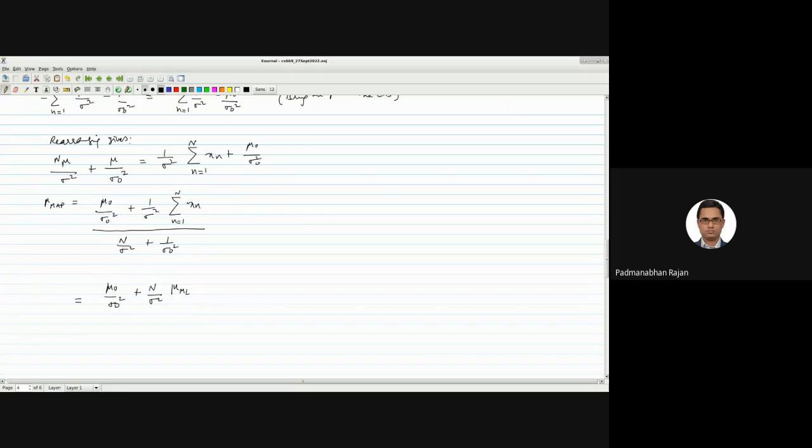So the sum of the terms is equal to n multiplied by the sample mean, and that was the mu ML. That is what I've written here, and these terms remain as such, divided by n by sigma square plus 1 by sigma naught square.